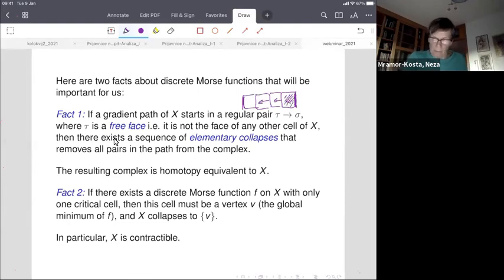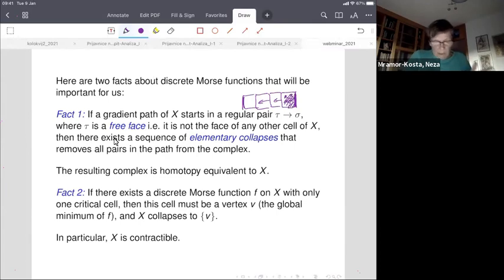We can just perform a homotopy equivalence which squeezes the pair, the edge and the interior, onto the remaining boundary of this two cell. And speaking in terms of the discrete decomposition of our X, this just means that we're throwing away the edge and the two cell.